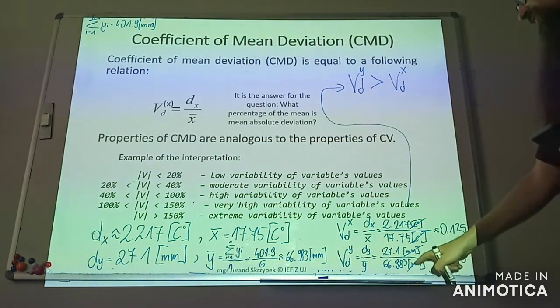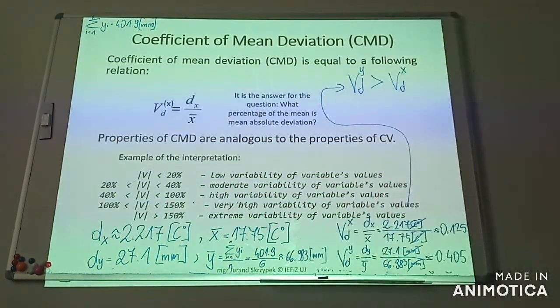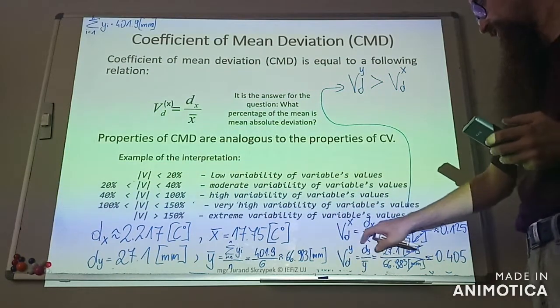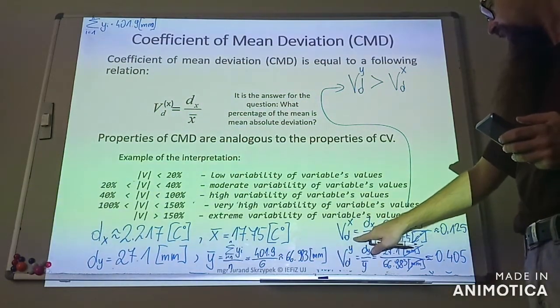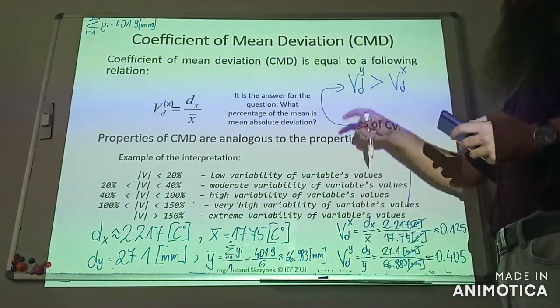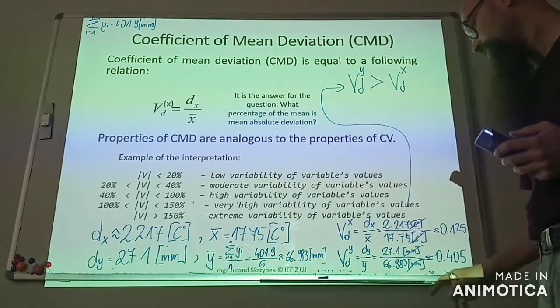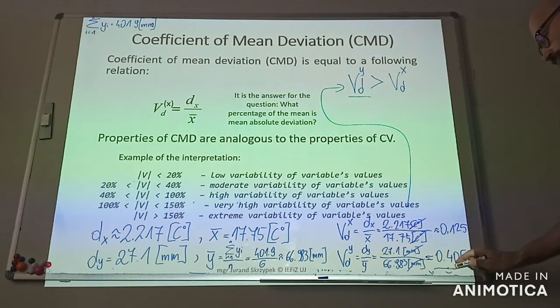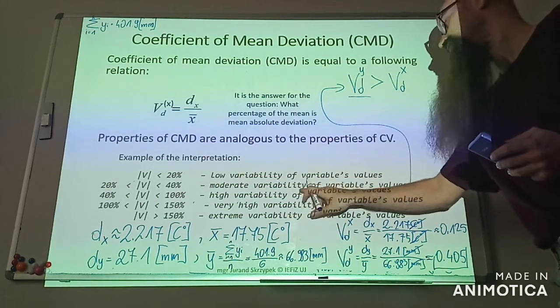It means that the monthly precipitations are characterized by higher variability in Krakow than the average monthly temperature. So Krakow is more differentiated in respect of monthly precipitations. Yeah, because this variable is characterized by higher variability.